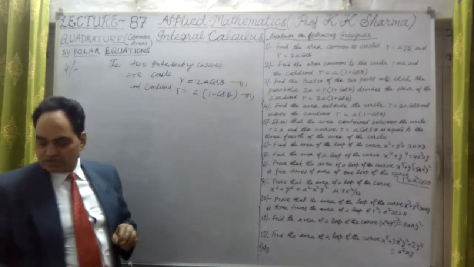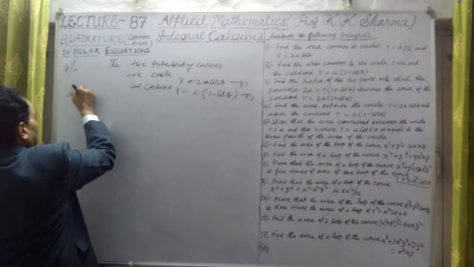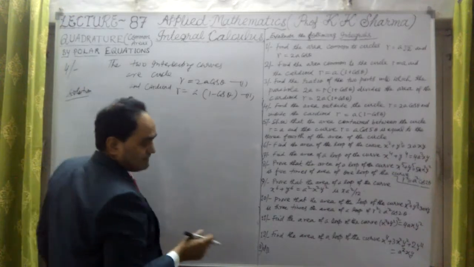Let me first find out what is the intersecting point of these two. Solution: we have to find the solution and then the common area between them.